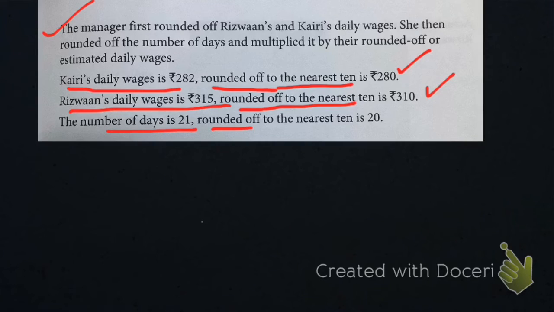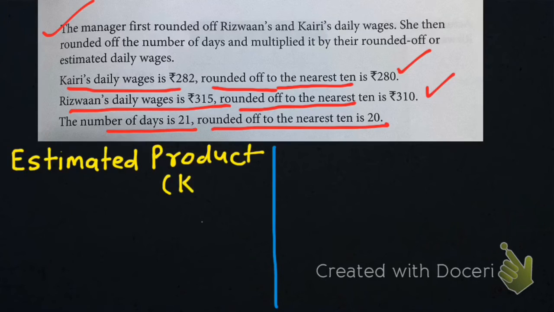So she rounded off this 21 to the nearest tens, that is 20. So after rounding off, she multiplied these numbers. Okay, so students, the estimated product of Kairi will be 280 multiplied by 20.